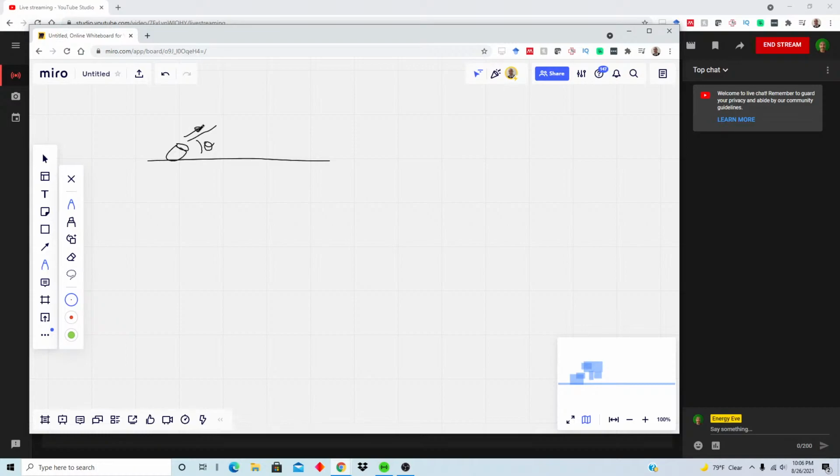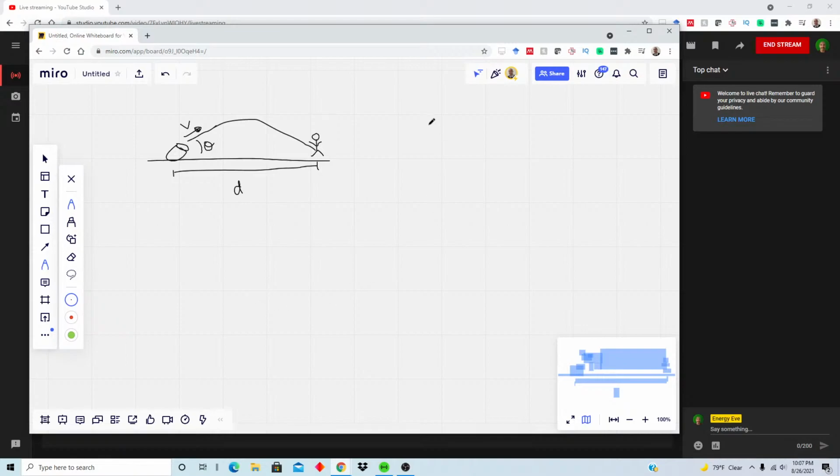We have velocity v, and we have our target, someone we do not like, and they are distance d away. And so what we want to find is what angle is needed to basically blast this person.